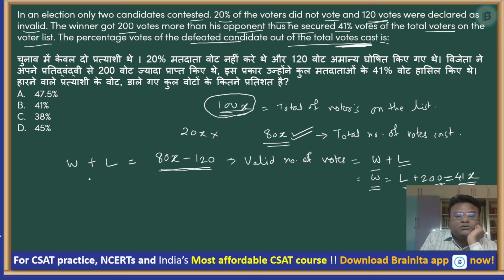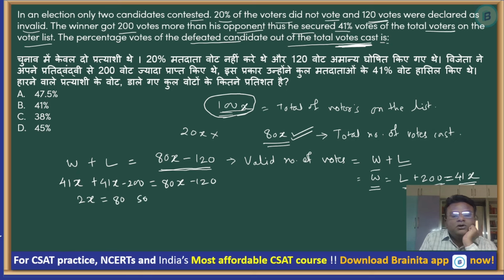That is equal to 41x plus L. L is equal to 41x minus 200, is equal to 80x minus 120. Now when I solve this, I get 82x minus 80x, that is 2x, is equal to 200 minus 120, 80. So x is equal to 40. I got the value of x.